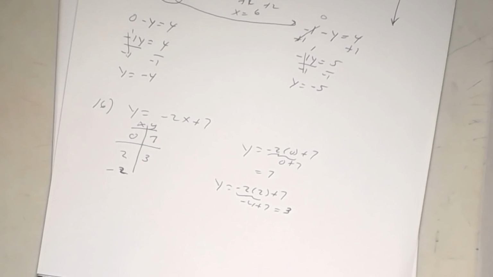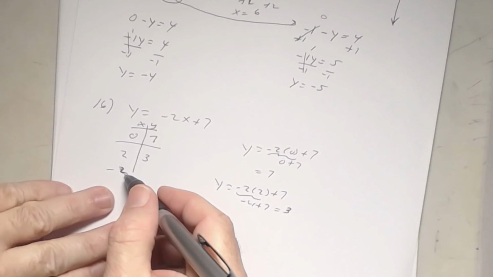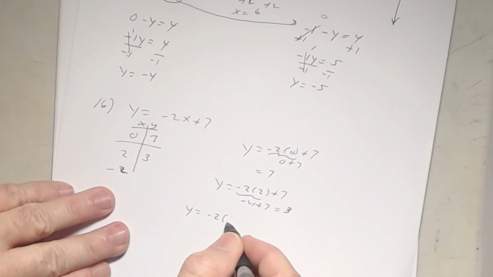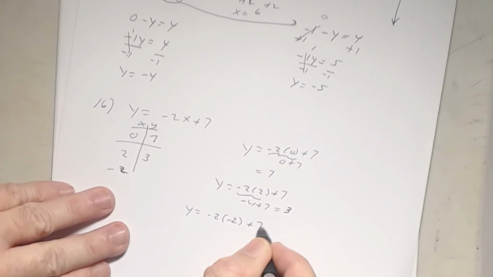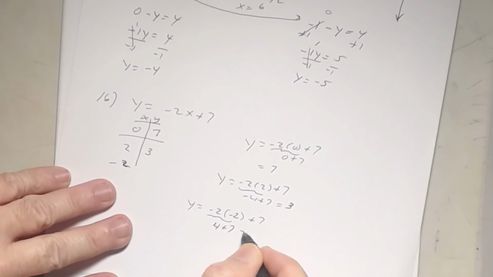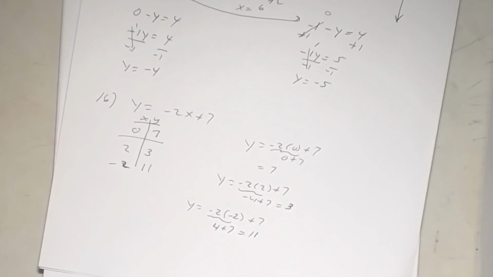All right. So -2 is going to be a little off, but it's fine. We can estimate where it is. So when x is -2, I get y equals -2 times x. What's x? And then plus 7. What's -2 times -2? And what's 4 plus 7? 11. All right, so then you plot those 3 points.